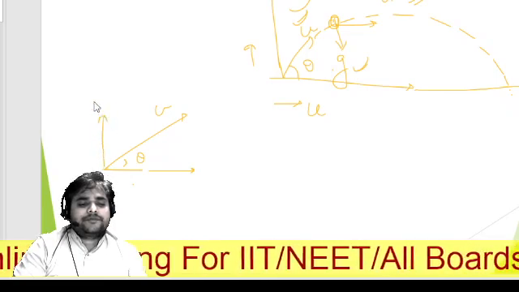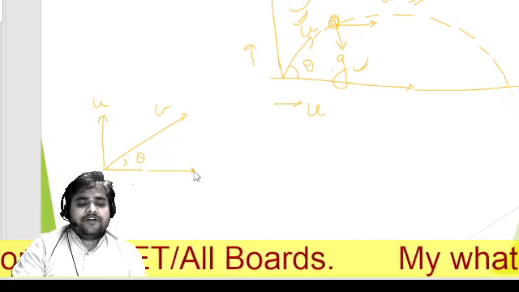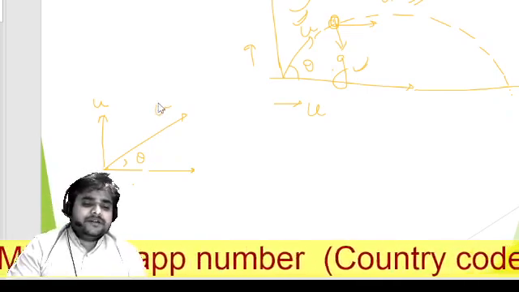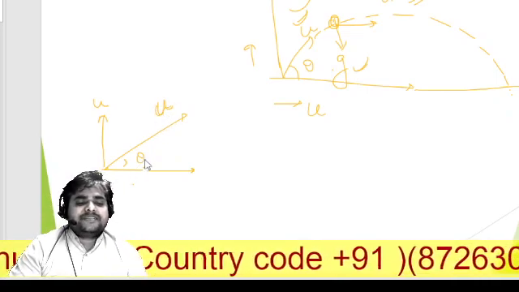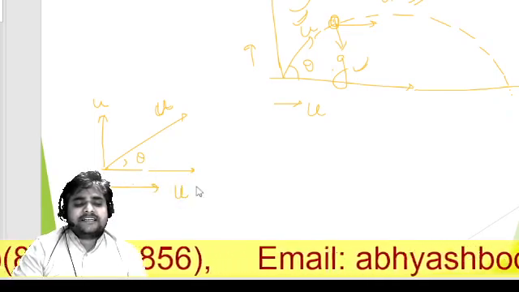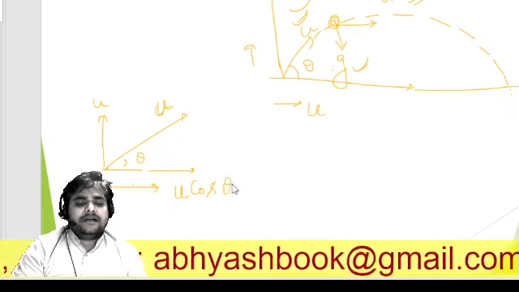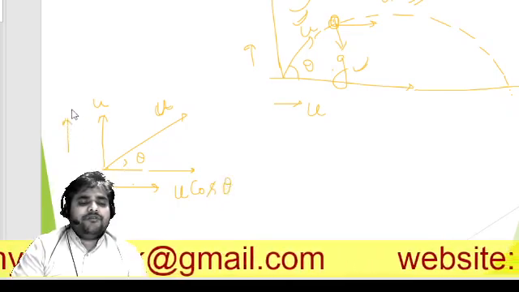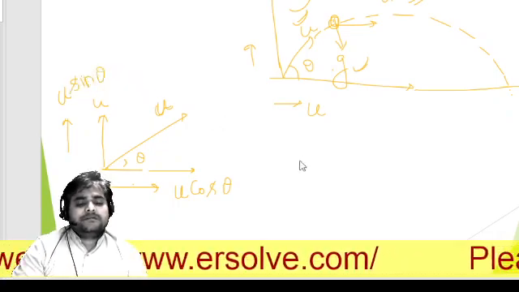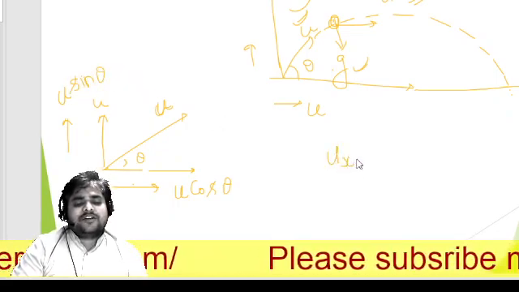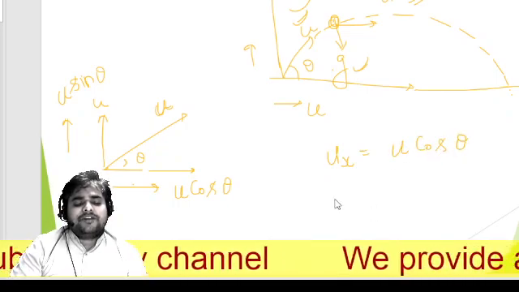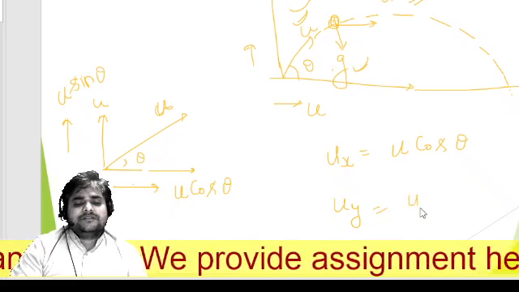We already studied the division of components. Here, velocity is u making theta degrees with the x axis, the component of velocity along the x-axis is u cos theta, and the component along the y-axis is u sin theta.